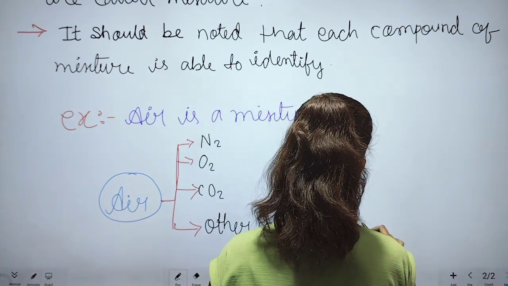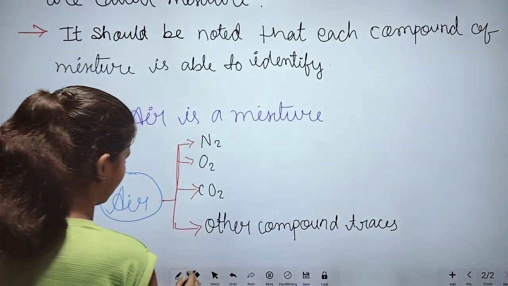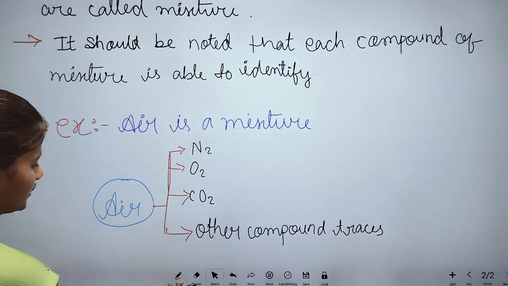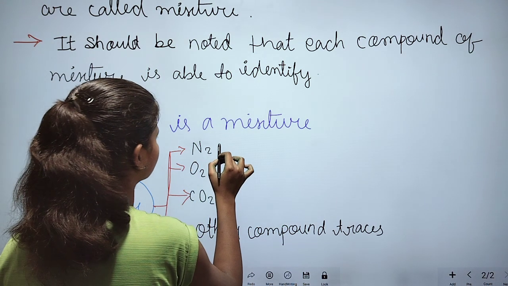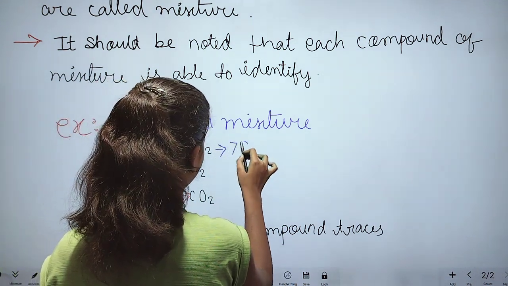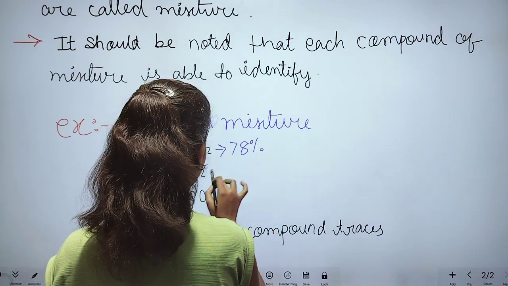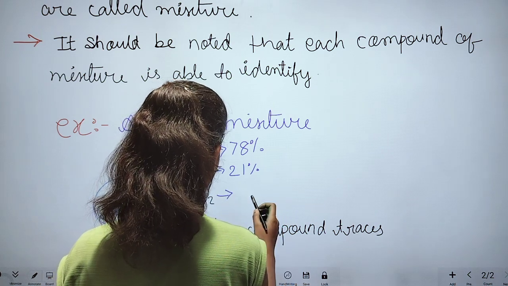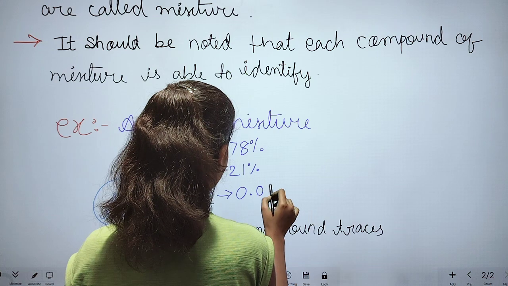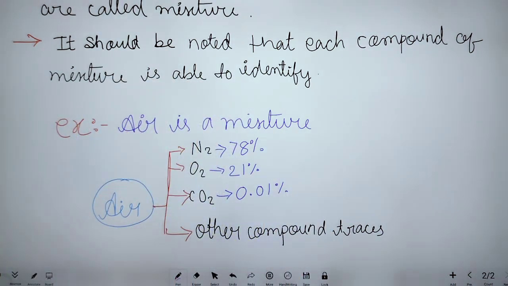In air are present nitrogen, oxygen, and also carbon dioxide, and other compound traces also. Nitrogen is 78%, oxygen is 21%, and CO2, carbon dioxide, is 0.01% in air, and other compound traces. This one is an example of mixture.